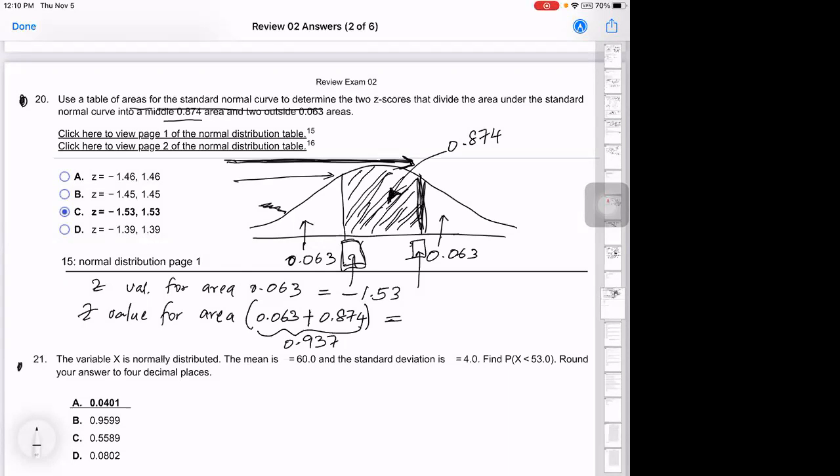You can find it in the C table. It is definitely going to be a positive value, so you have to look at the second C table. This value is going to be positive 1.53. So these are the two C values: negative 1.53 and positive 1.53. Everything is about playing with these areas and C values.